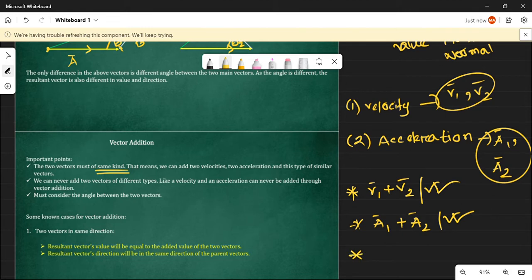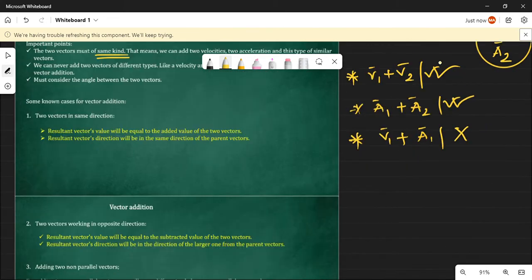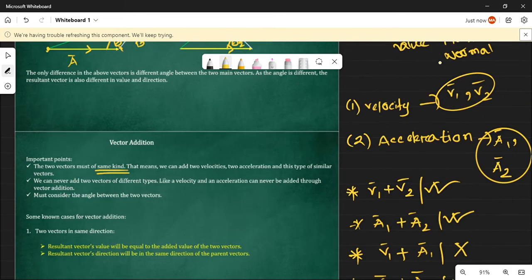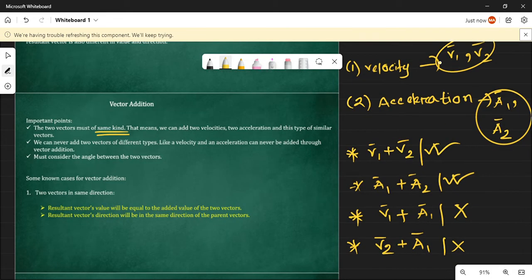But we cannot add v1 and a1 because they are not the same kind, and we cannot add v2 plus a1. That is the main thing: we can never add two vectors of different types. I have already explained this with the example.